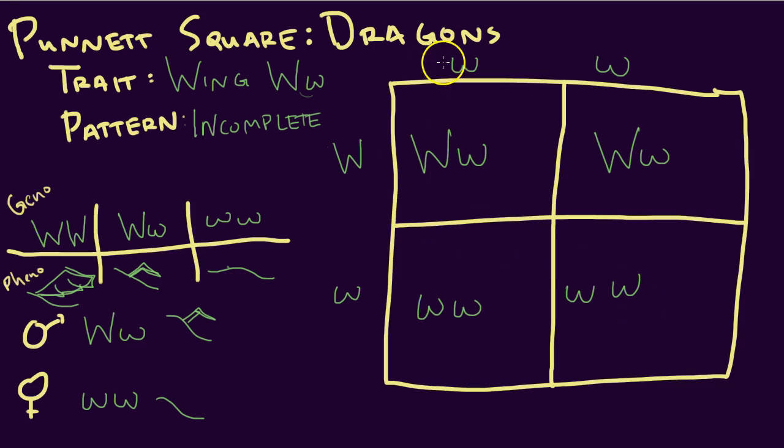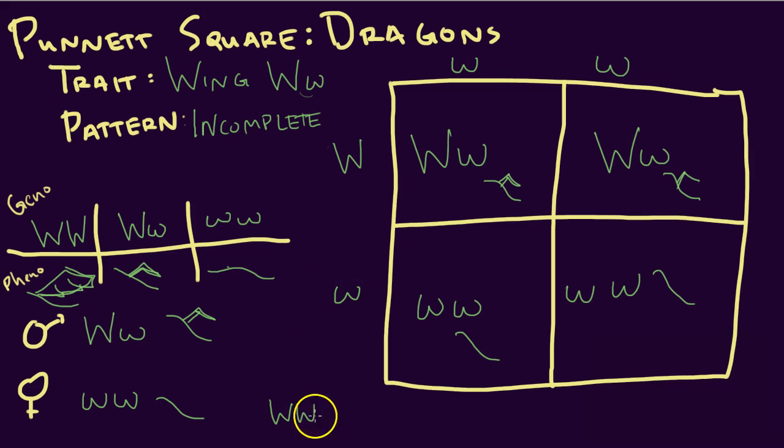Okay, so if we check it out, here we have the heterozygous. So we are going to get a dragon that has the little stubby wings. Here we have lowercase, lowercase. This is a dragon with no wings. Here again, heterozygous, we can see from our chart that we get the stubby wings, and then here again, no wings at all.